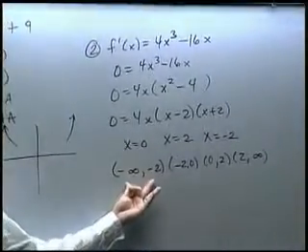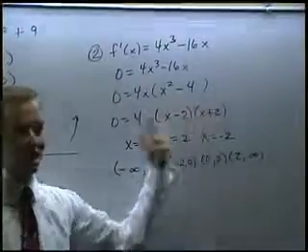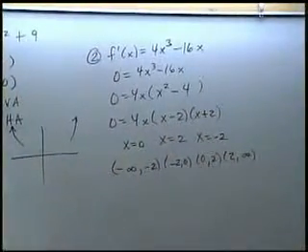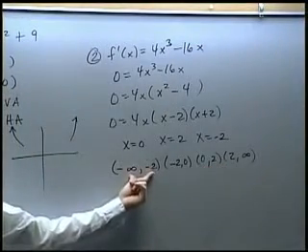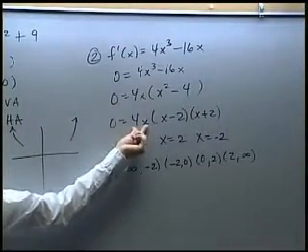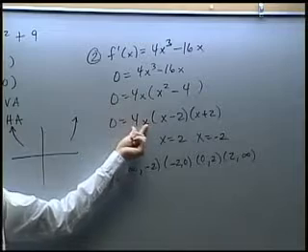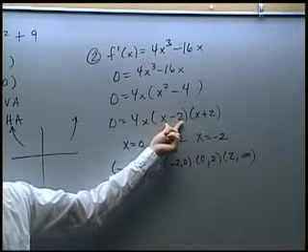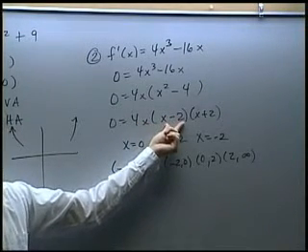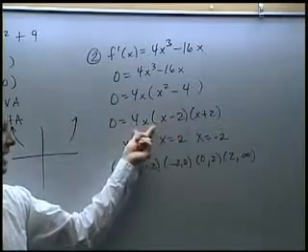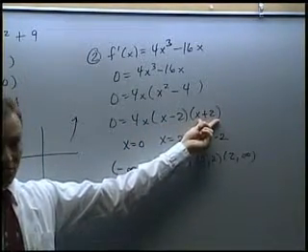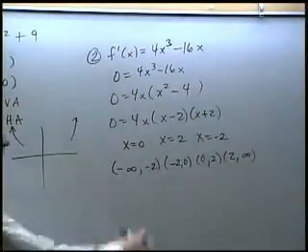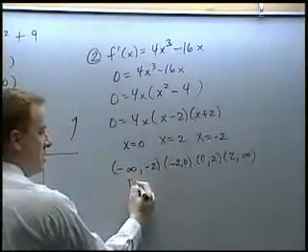The nice thing is when everything's factored, we can test very quickly because we don't care about the answer, we just care about positive and negative. So if I pick a number like negative 5, what do we have here? Negative times, careful, negative 5 minus 2, so negative times negative times another negative. The whole product is negative, so this is decreasing.